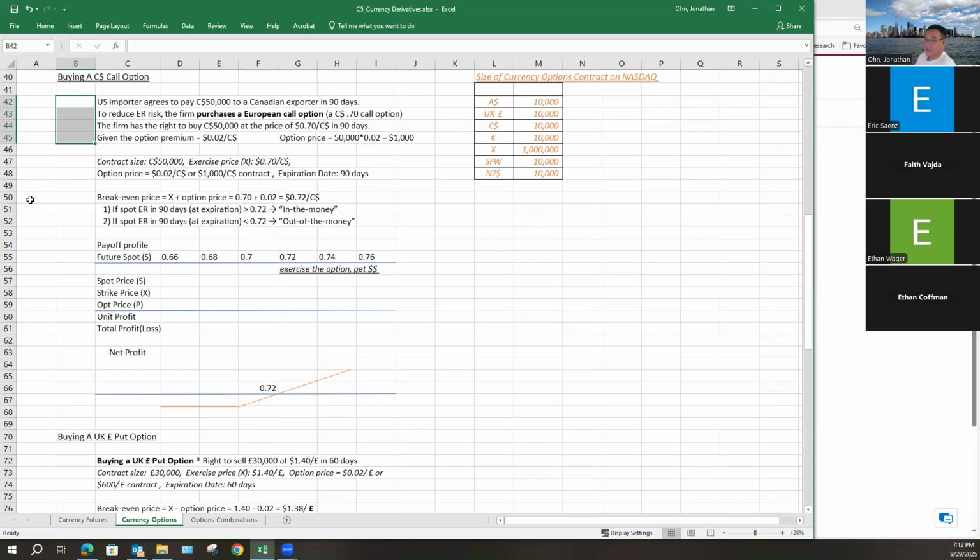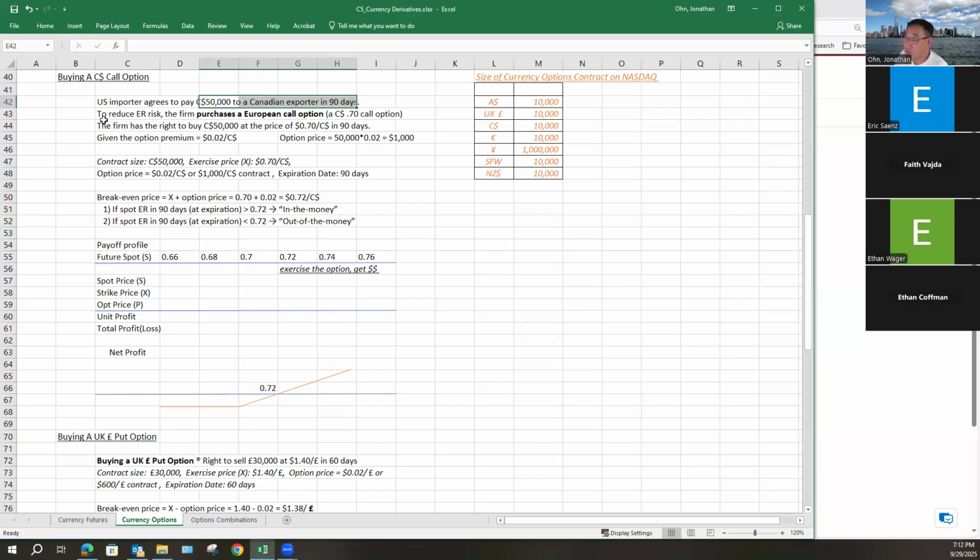Thank you. So this call option contract, the Canadian dollar unit size is 10,000 Canadian dollars. So this one is five contracts, 50,000. The U.S. importer agrees to pay 50,000 Canadian dollars in 90 days. Meaning it is in the future, so there's a lot of uncertainty between now and 90 days.